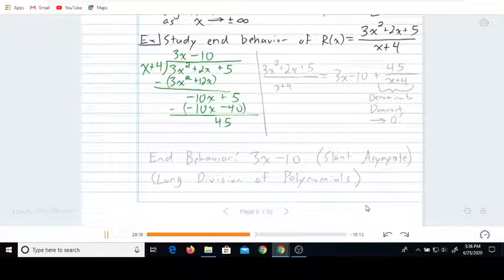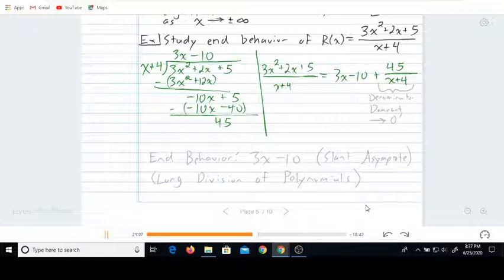So what this tells us from the division algorithm is 3x squared plus 2x plus 5 divided by x plus 4 equals 3x minus 10 plus the remainder, and the remainder is 45. Of course, the remainder just goes over whatever you were dividing by. So we get that from applying the division algorithm.